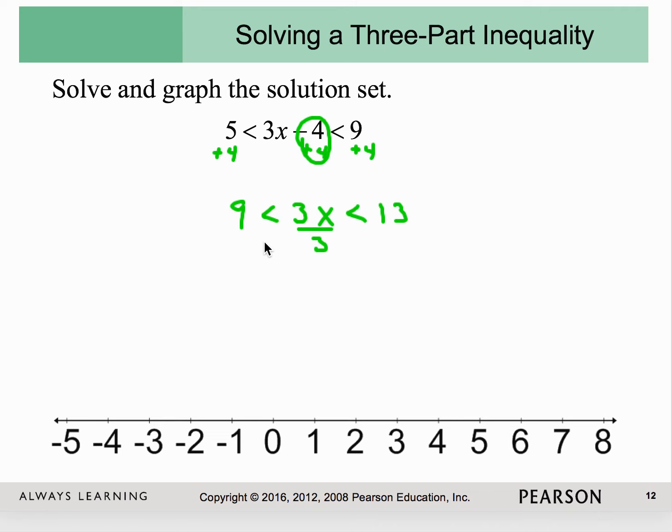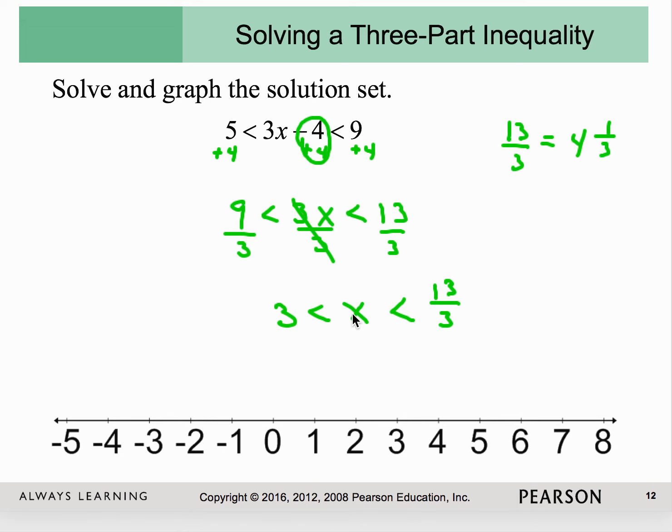Divide by 3, just have to remember to do it to all three sides. So then we have 3 is less than x is less than 13 thirds. Okay, so 13 thirds is 4 1/3, right? 13 divided by 3 is 4 with 1 left over, 4 1/3.